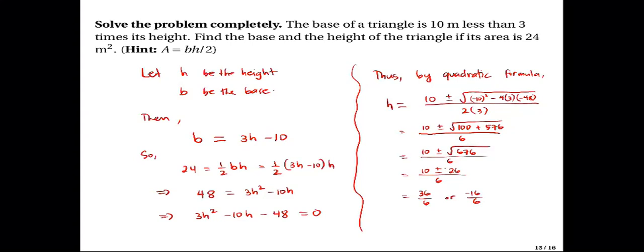We are talking about height in here. This guy here, this is negative. This is extraneous solution. Okay? So let me just write it here. This is extraneous solution. And then we now write the conclusion. Well, 36 over 6, that's just 6. So the height is 6 meters.